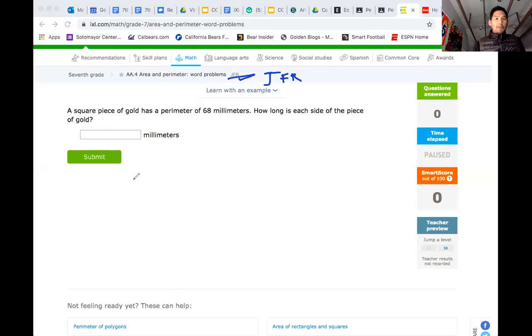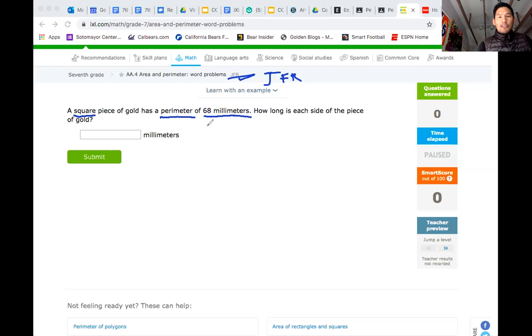With these word problems, the first thing you've got to do is read the questions two or three times over. A square piece of gold has a perimeter of 68 millimeters. How long is each side of the piece of gold? I'm going to underline the key words: square, perimeter, 68 millimeters.